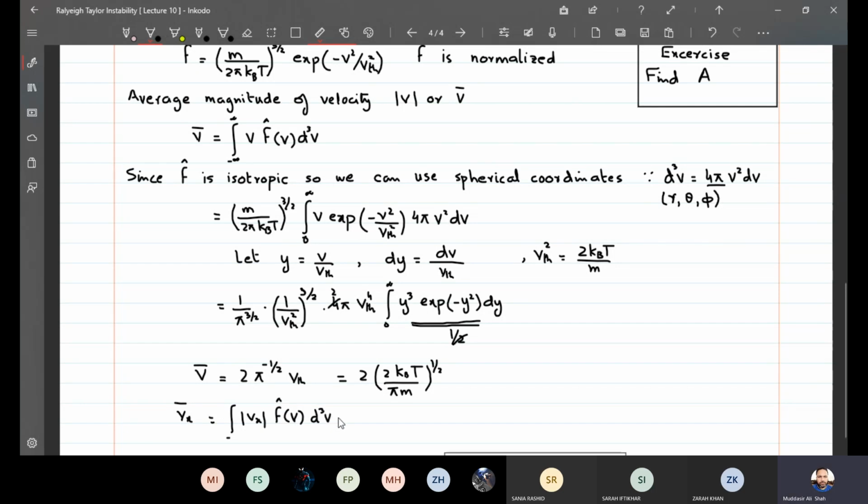If we find this one, then we have to take this d3v as dvx dvy dvz. So we write vx, vy, vz, and instead of d3v, we have to write dvx, dvy, and dvz.